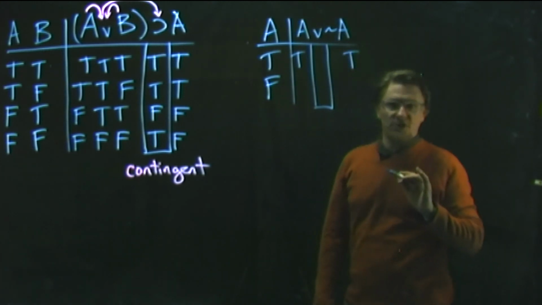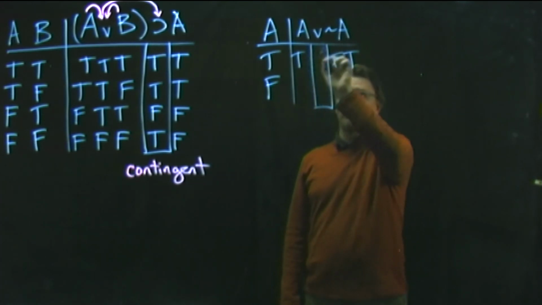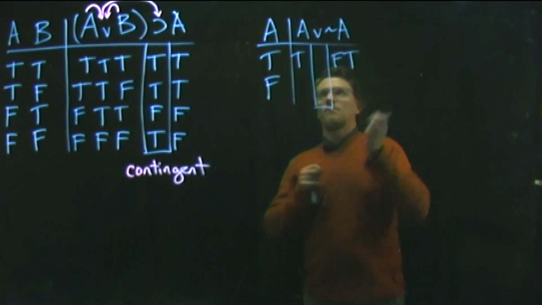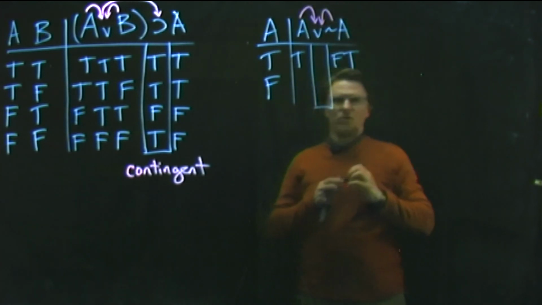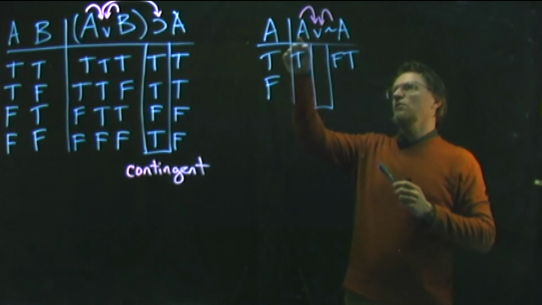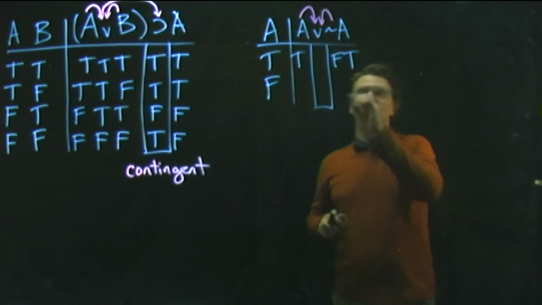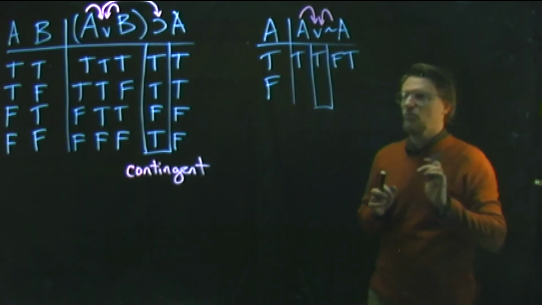You'll remember that what the tilde does is it takes the truth value and flips it to the other one. So true, wedge, false is what's going to be feeding into that main operator here. So this is important. This tilde value is feeding into the wedge as well as the A there. And so we get true, wedge, false, which is true, right? Anytime we have true feeding into the wedge, it's true.